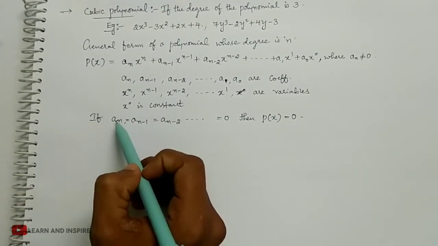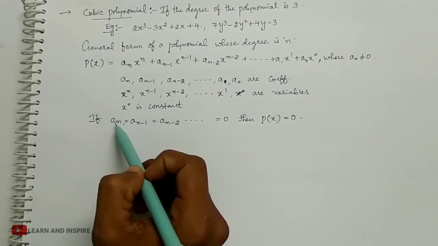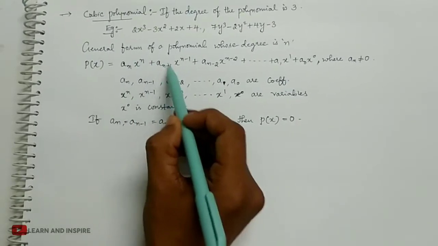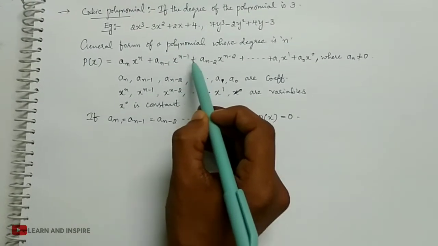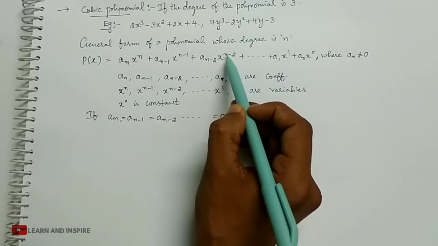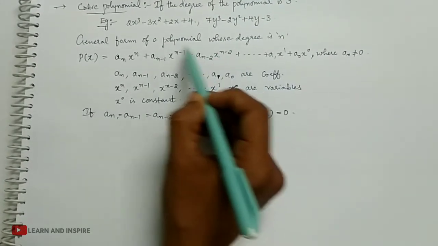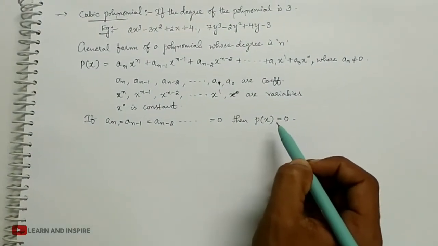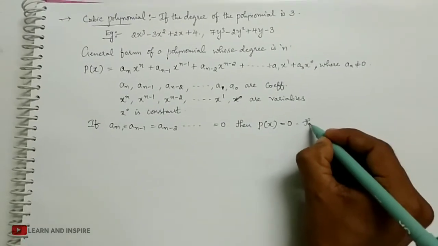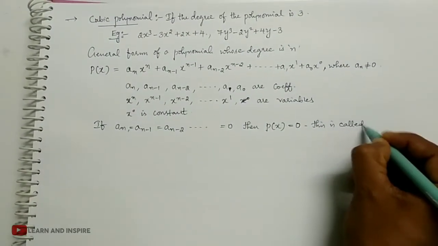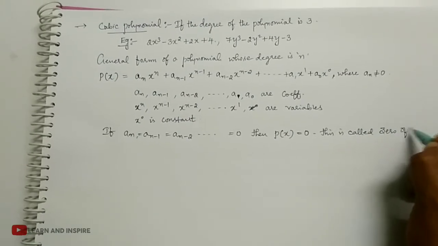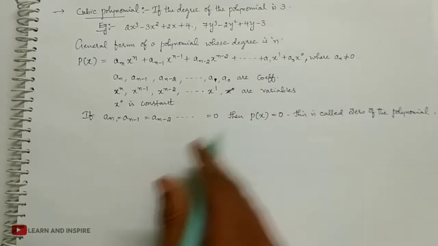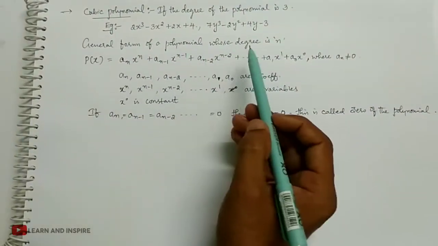So if in place of the coefficients I substitute 0, it becomes 0 into x power n is 0, plus 0 into x power n minus 1 becomes 0, plus 0 into x power n minus 2 becomes 0. That means the whole polynomial will be equal to 0. It becomes p of x equals 0, and this is called the zero polynomial. So understood what is the general form of a polynomial whose degree is n.